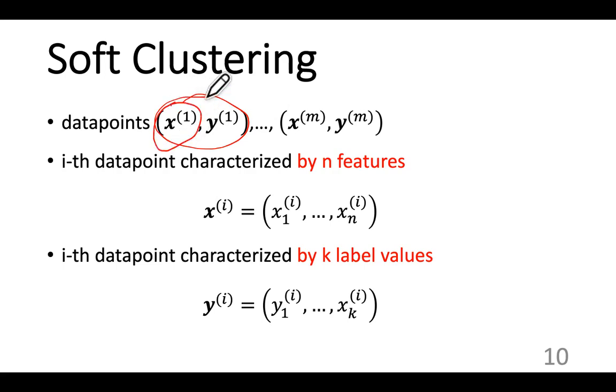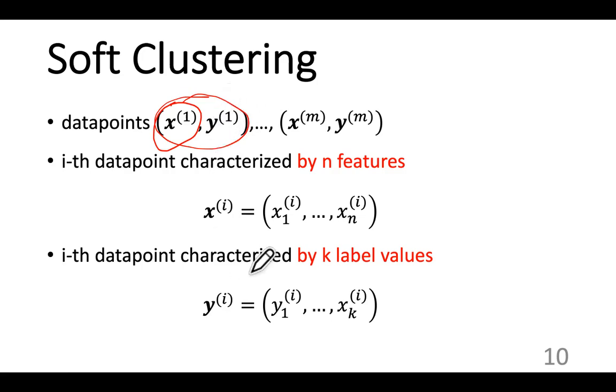We used 2 features in the example before, the redness and the greenness. And we also have a label vector. So formally, we still have labels, but we use methods that don't need to know this label vector for any data point. But formally, they are still there, but they are unknown.